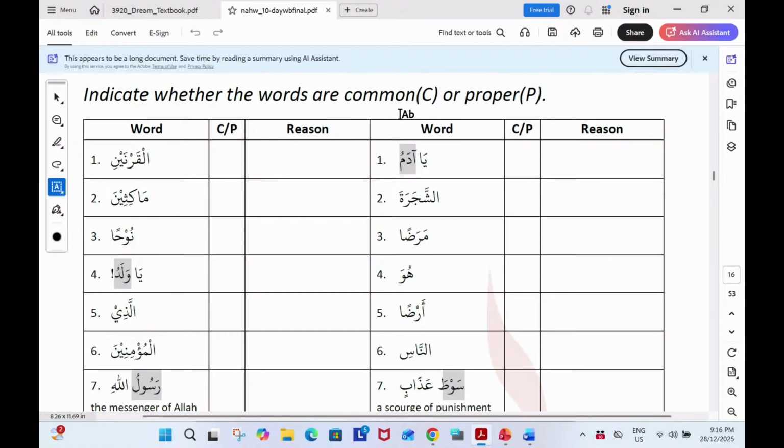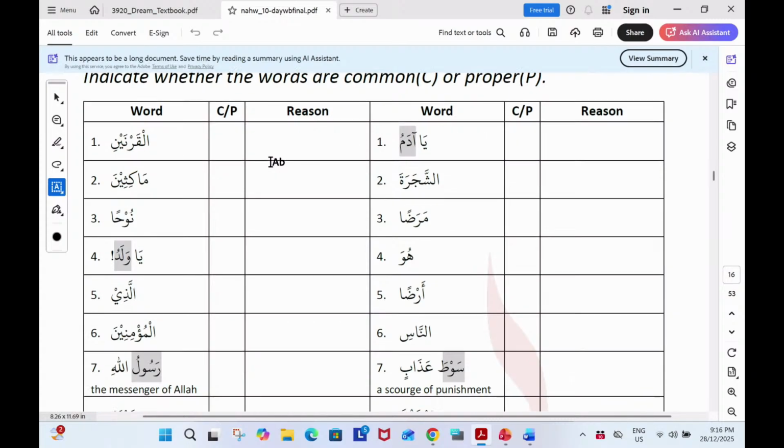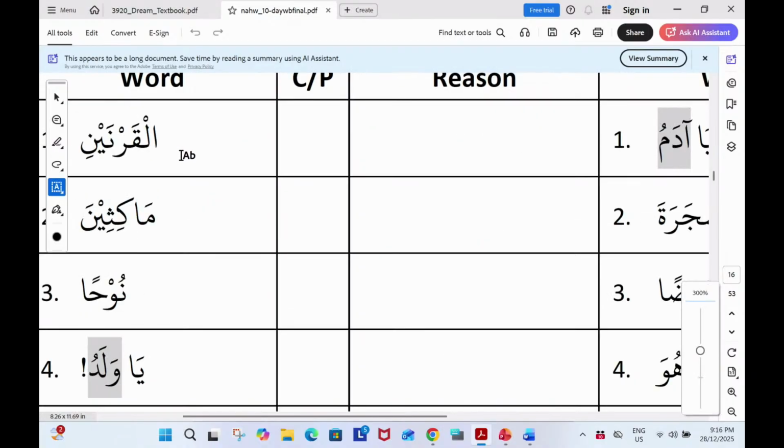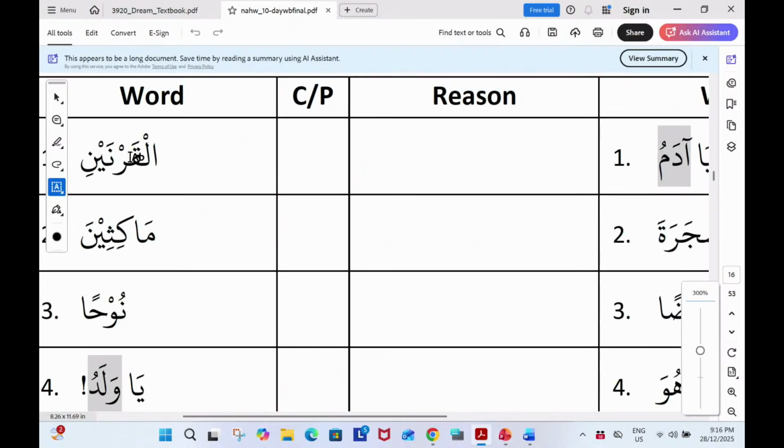So this exercise is for us to identify common or proper. So far our focus was mainly on ism starting with alif lam, but we studied that there are 7 types. So inshallah during this exercise we will practice those types as well. In this word, this is proper because we know that it's starting with al.